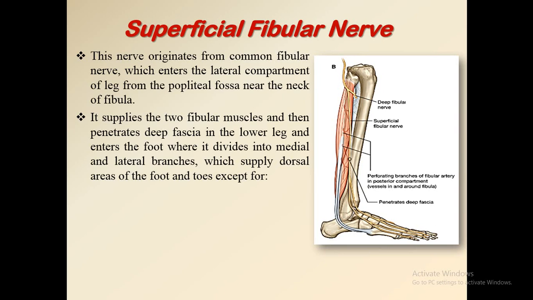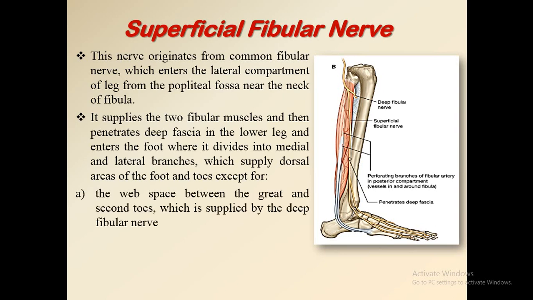Supply skin. It will reach the dorsal surface of the foot, crossing the ankle joint and reaching the dorsal surface of the foot to supply skin on the dorsal surface of the foot.